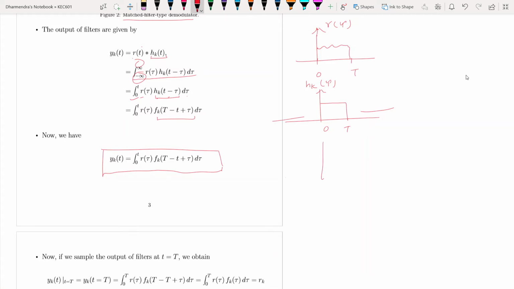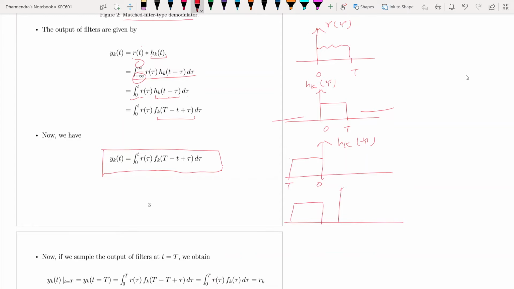First I will plot h k of minus tau, the reflection about the y-axis, so I will get this.